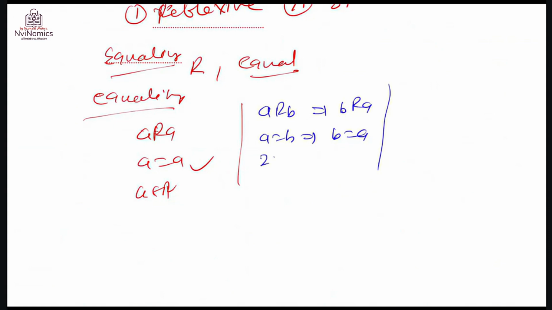Like 2 equals 2. Here b is only a representation, it is a variable. So if a equals b, then b should be equal to a.